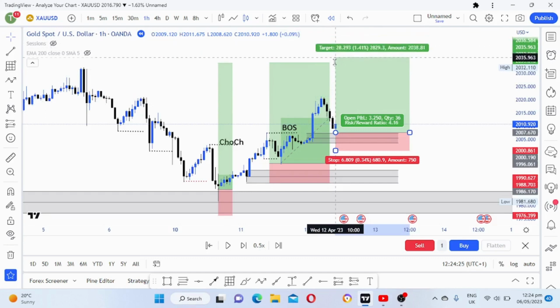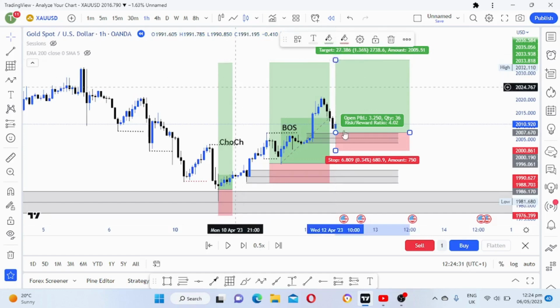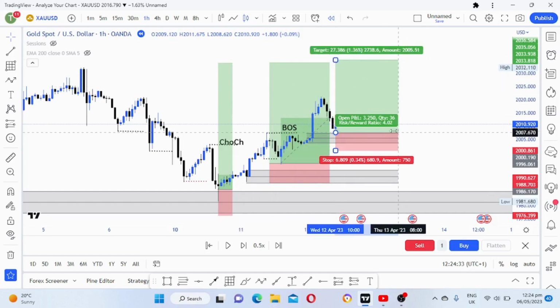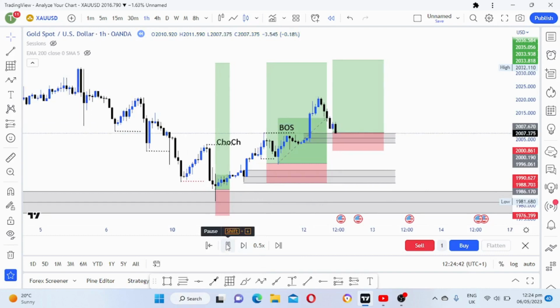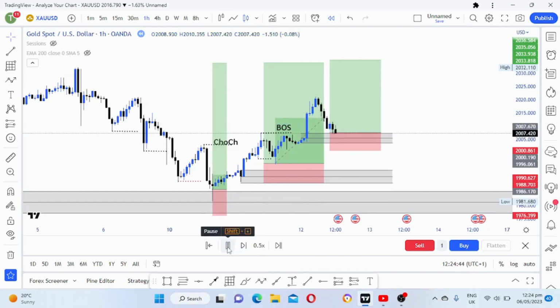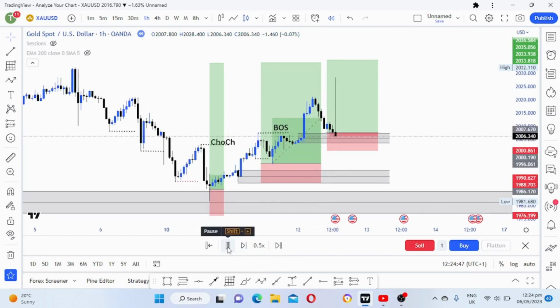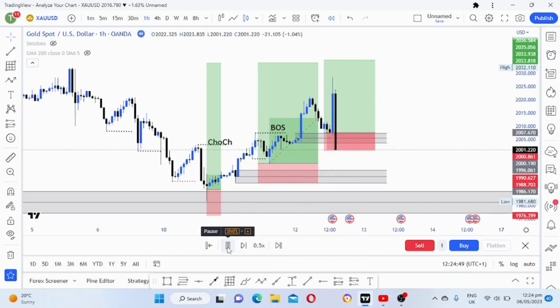You see, it's a 1 to 4, as you can see here. So we would have gotten 3 entries here, as you can see on the charts. Let me wait and see if we are in a trade.